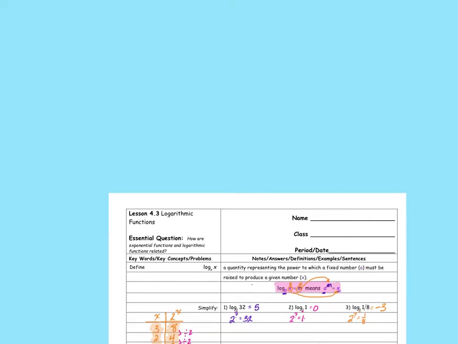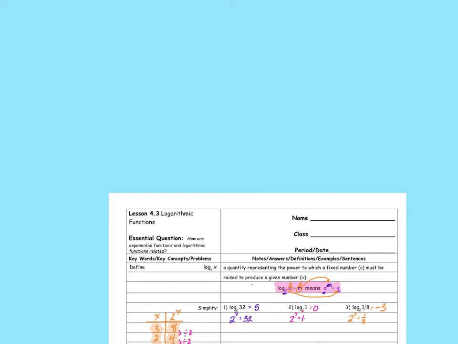It says 100 to what power equals 10. So the question is, what do I do to 100 to get 10? Well, I take the square root of it. And what's the square root as an exponent? That's 1/2. I know we talked about it before, but I'll write the rule down.